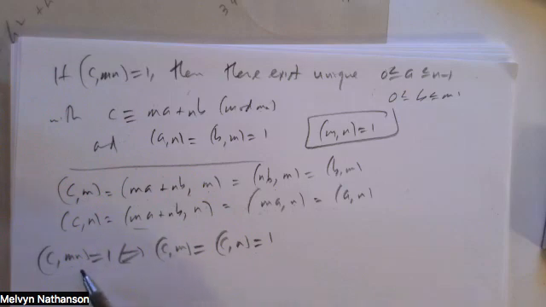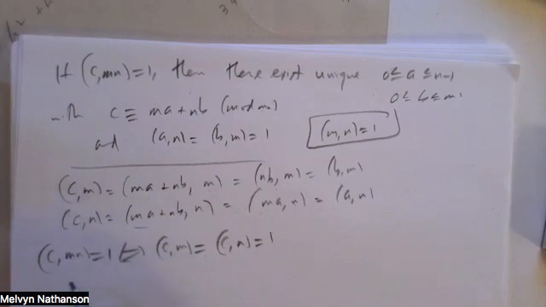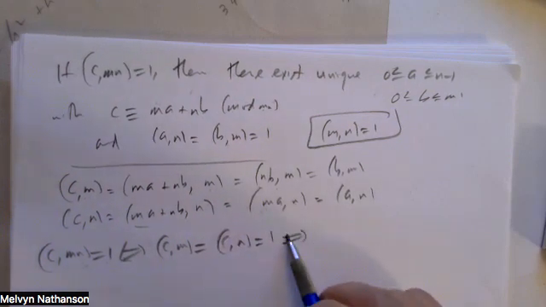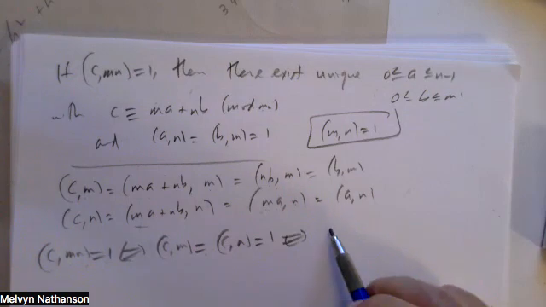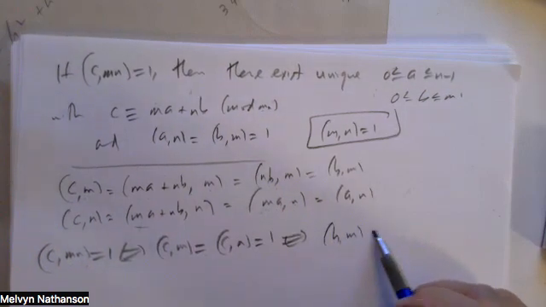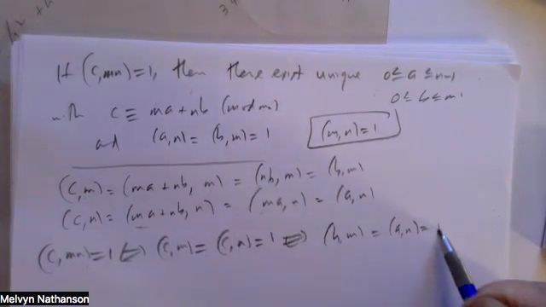So if this greatest common divisor is bigger than 1, then this is not true. On the other hand, if the greatest common divisor is 1, then C and M and C and N are both relatively prime. And this is the same as saying that B and M and A and N are relatively prime.